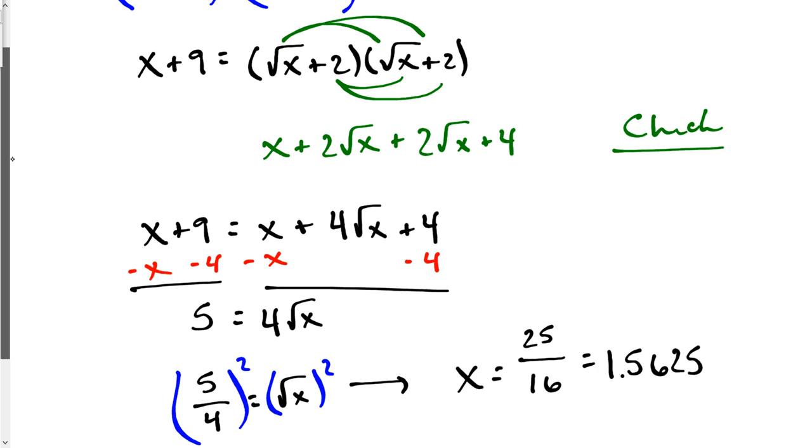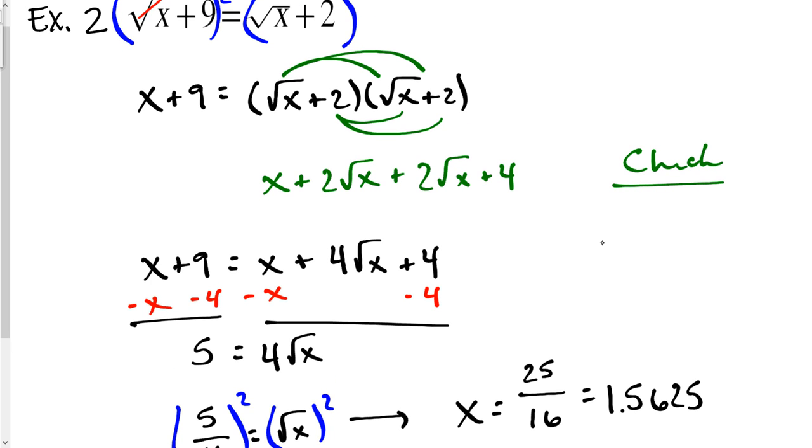So I'm going to ask the question, is the square root of 1.5625 plus 9 equal to the square root of 1.5625 plus 2?